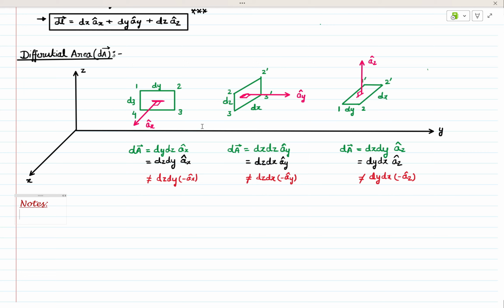Taken away means the direction of the area vector is outward, not inward, with respect to the plane or the surface. So that's the first point that I am going to write over here.